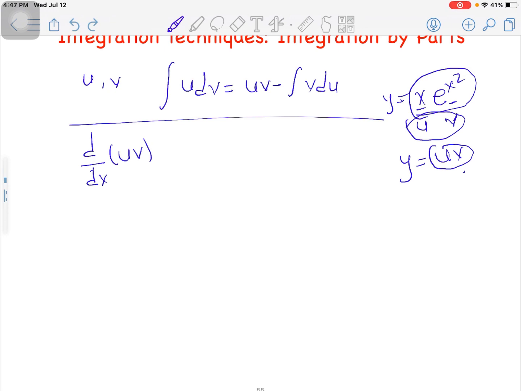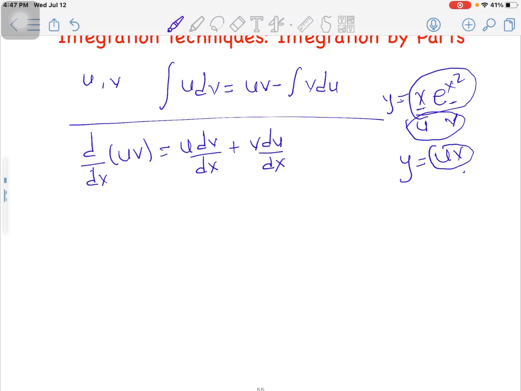The formula is d of uv, the two separate functions, with respect to x, is equal to u dv over dx plus v du over dx.